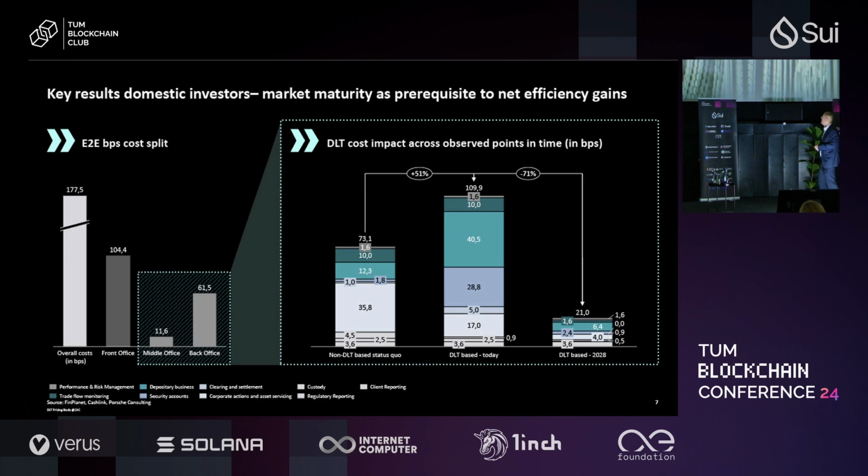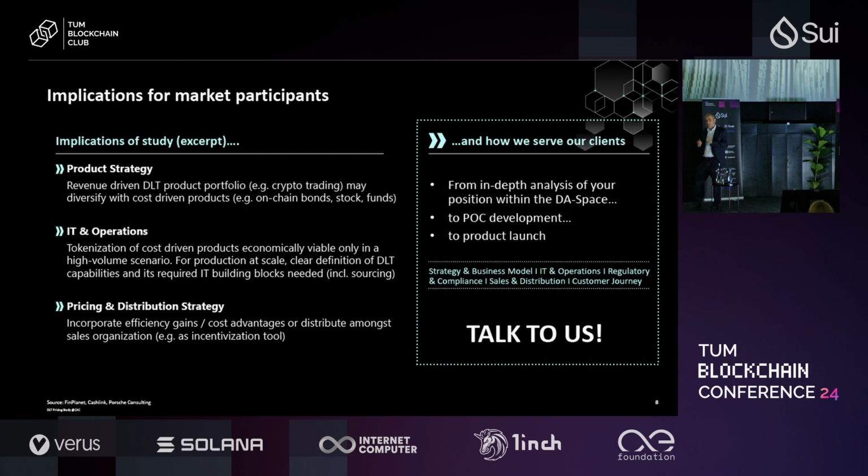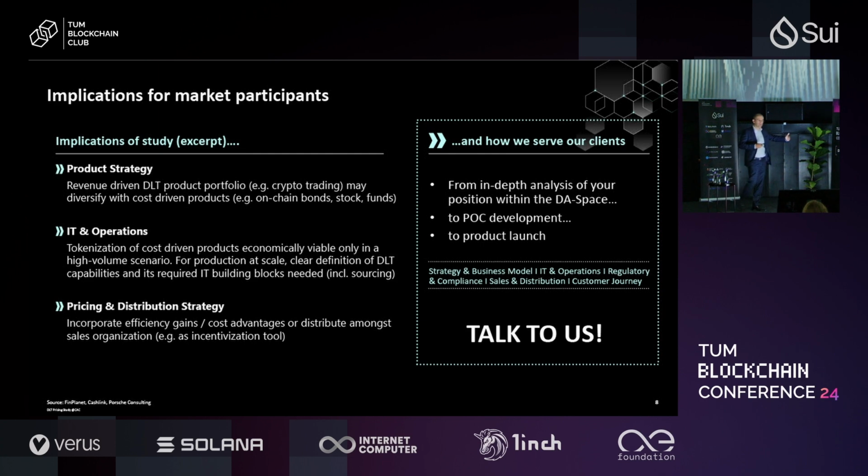All right. So what are the main implications of the study? In our point of view, you're going to have an incentive for companies to diversify. And what I mean with companies is asset managers and banks, to some extent also fintechs, to actually diversify their DLT product portfolio. Because if you look at the product portfolios today, you still have a large emphasis in rather revenue-driven products, which are represented largely by crypto trading, crypto custody.